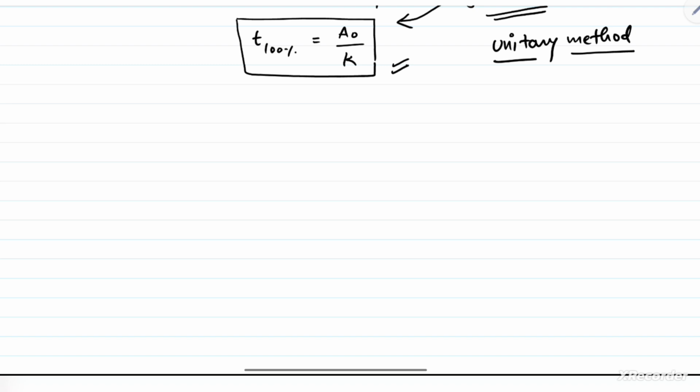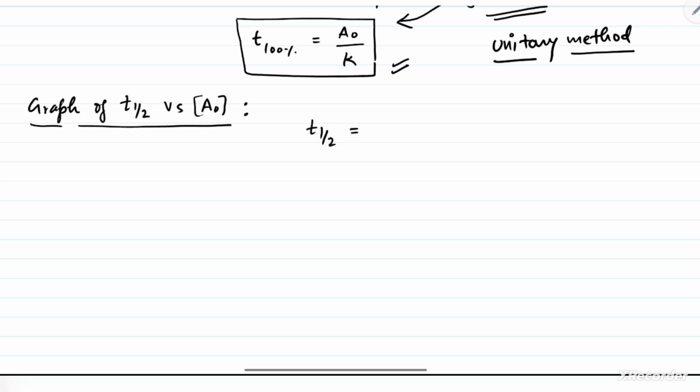The second very important thing you should know is the graph of t half versus initial concentration, a naught. Every time you have to plot the curve, you have to refer to the equation. What is the equation of t half for a zero order reaction?